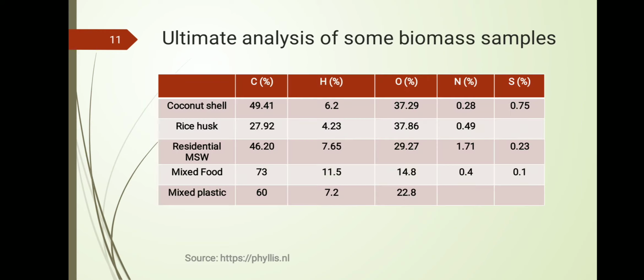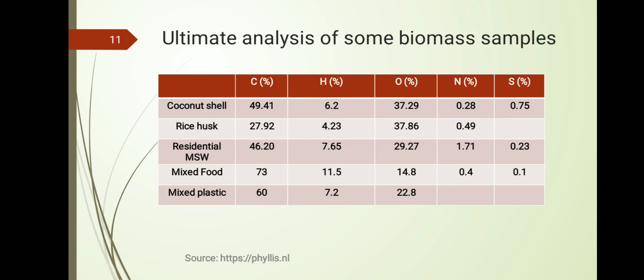And this is the typical ultimate analysis of some samples. This is also taken from the Phyllis database. You can see coconut shell has carbon of 49%, hydrogen 6.2, oxygen 37, and nitrogen and sulfur, you can see in every sample will be very low.